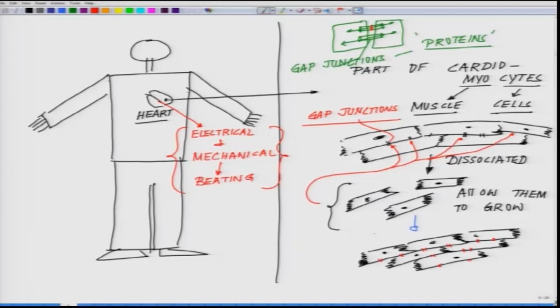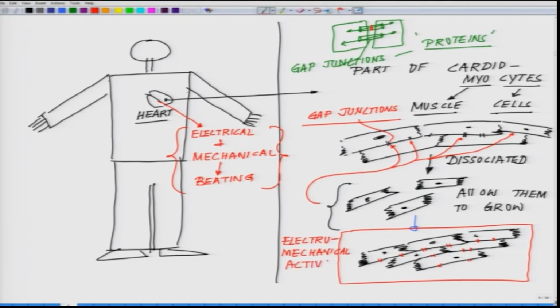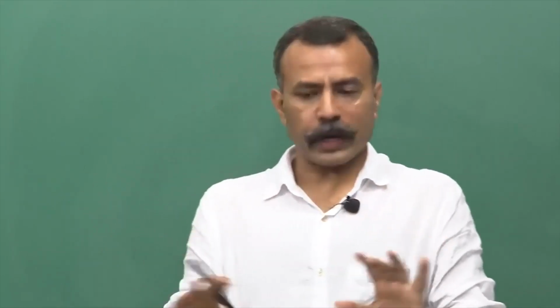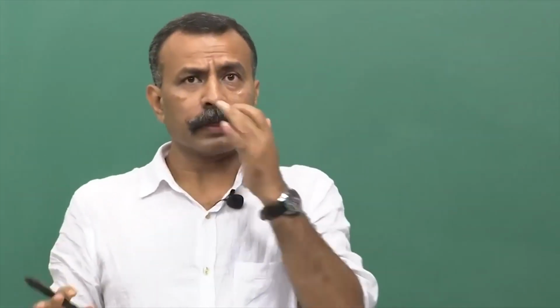I expect these cells to show electromechanical activity similar to that in your body. It should be similar. If it is not similar, then we know there is a deviation and we will have to quantify those deviations. Okay, that is not a negative thing, it is a very positive thing.